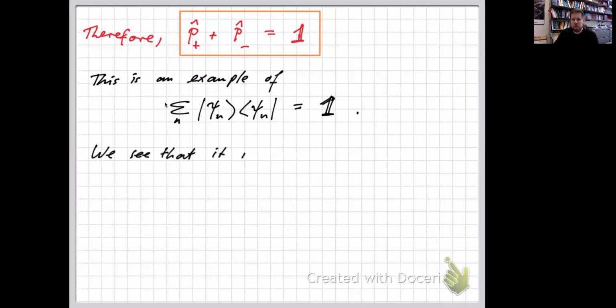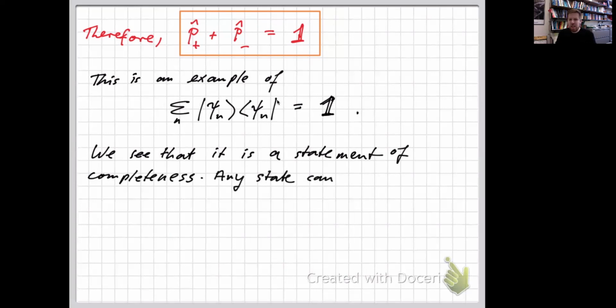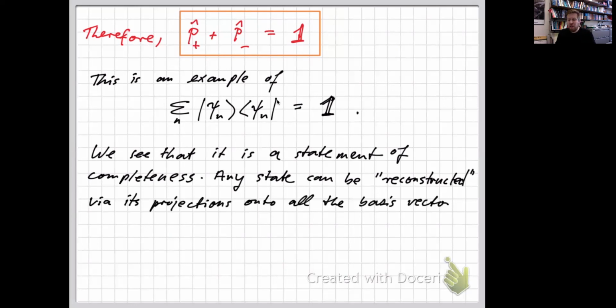So in the two-dimensional space, of course, in this sum there are only 2 terms. In a three-dimensional space, like say spin 1, there would be 3 terms in this sum, and they would have to add to 1. But we see that it is really just a statement of completeness, right? Any state can be reconstructed, as we just did, from the individual projections onto all the basis vectors.